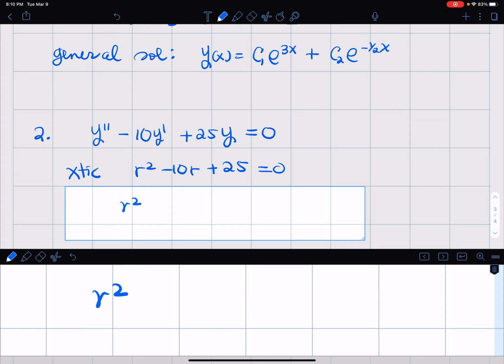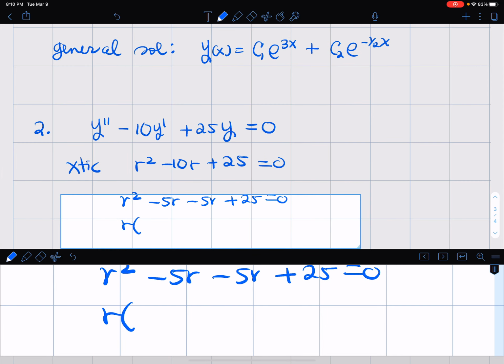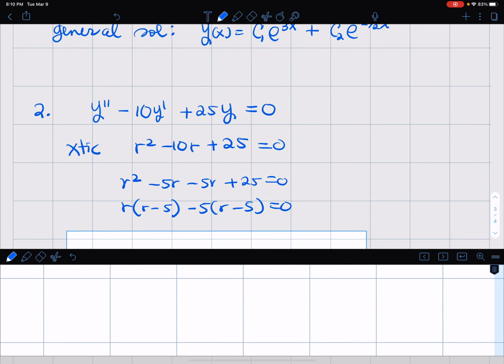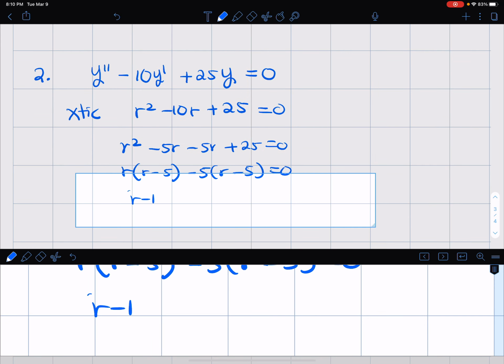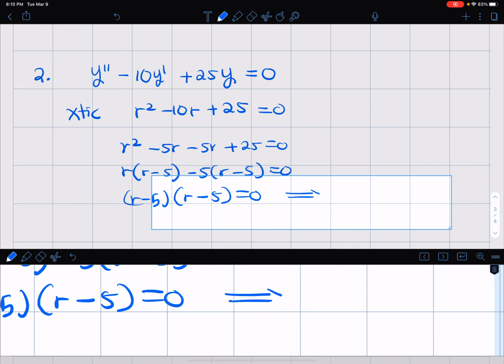r squared minus 10r plus 25. I'm doing my factoring. There's probably other ways of factoring it. r minus 5 squared. So we can see that we get 5 twice. So this tells us that r is equal to positive 5 twice, right?